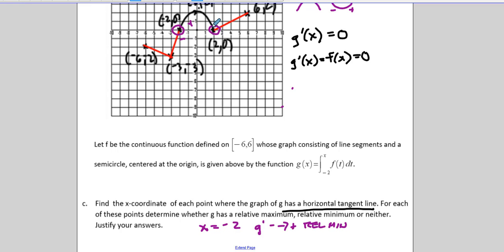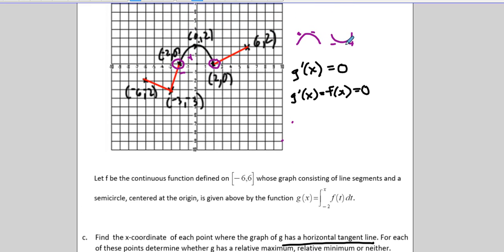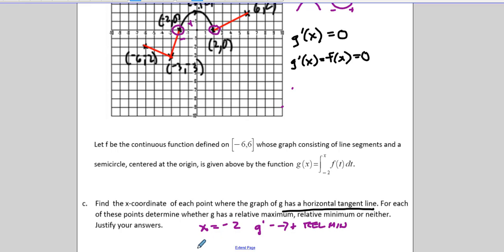Now the other one, right here, f is positive because we're talking not about the slope of f, we're talking about f, and f is equal to g prime. So the slope stays positive. So it's neither a relative max or min because it's not going from plus to minus or minus to plus. So at x equals 2, it's a horizontal tangent line, but there is no relative min or max.